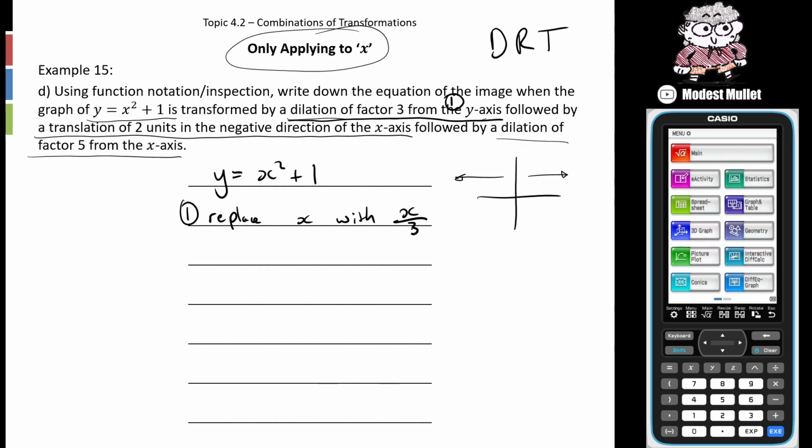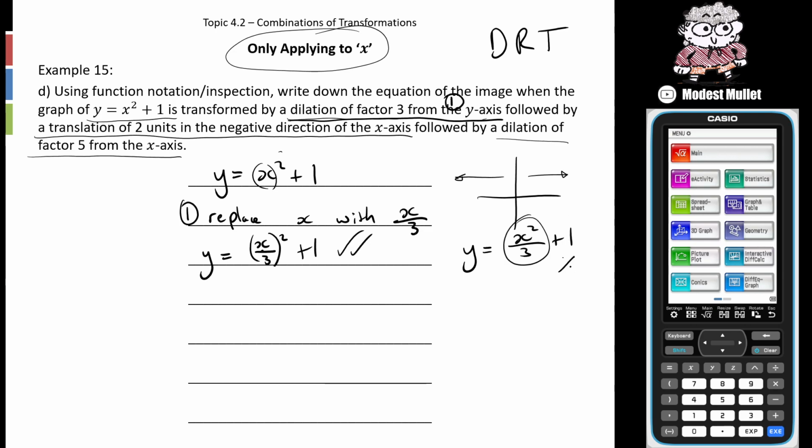That would be our replacement strategy, if we remember the rule. So we get y equals, and the correct way to do this is to replace the x that is being squared. Some people make the mistake of going, oh, it's the x squared, we need to divide by 3, and then the plus 1.